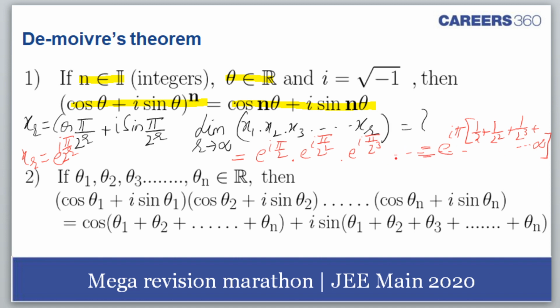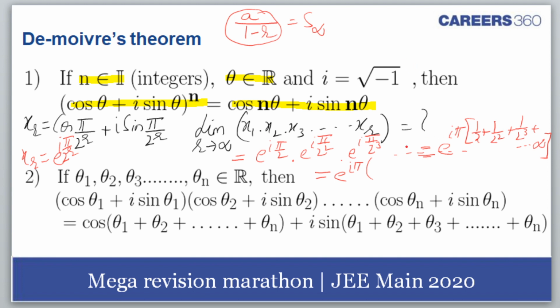Okay, let's see. E iota pi, and I get the sum of an infinite GP. Anybody who remembers sum of infinite GP? A, first term upon 1 minus common ratio. That's the sum to infinite GP.